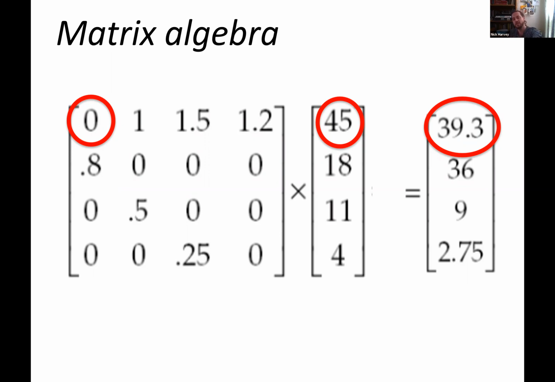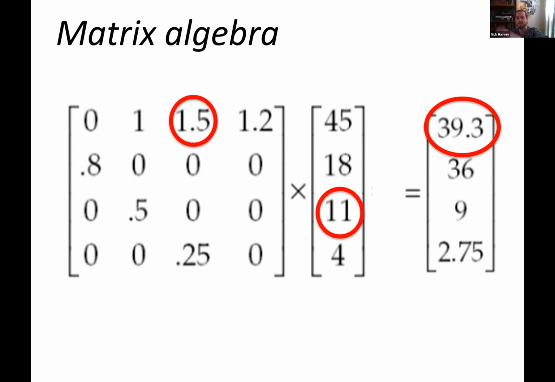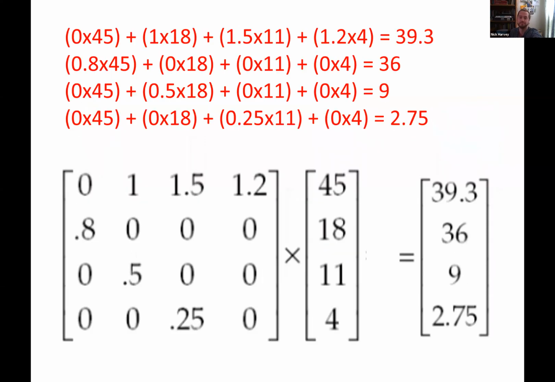So to get the number at the top here, 39.3, you multiply 0 by 45, then add that to 1 times 18, add that to 1.5 times 11, and add that to 1.2 times 4. Once you've added those four numbers together, it gives us our number 39.3 here.